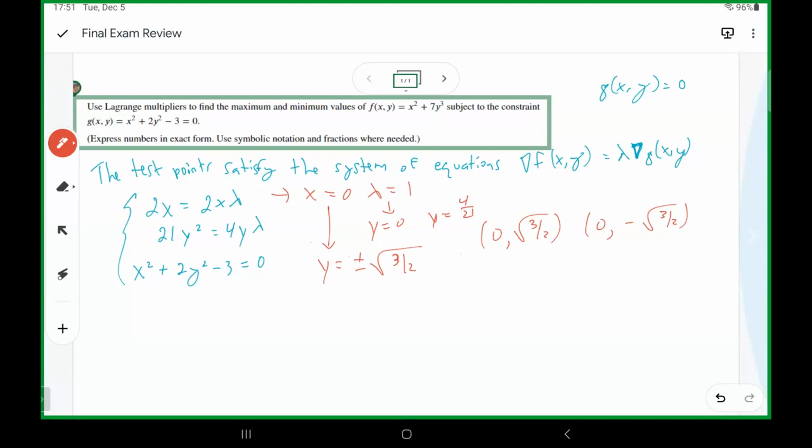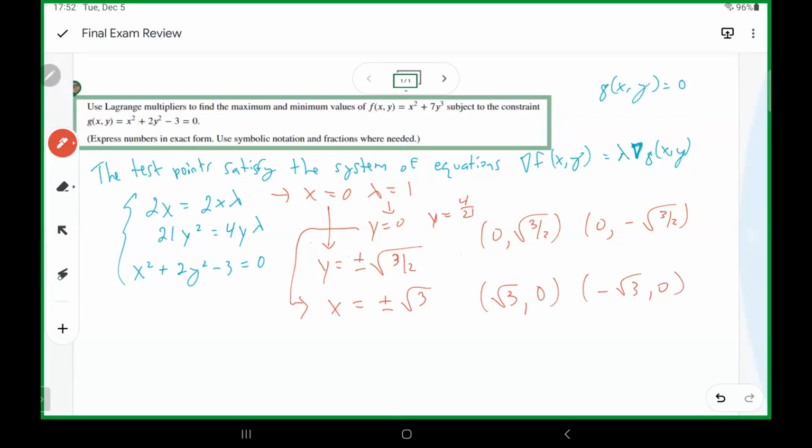So for y equals 0, the third equation gives x equals plus or minus square root of 3, which gives 2 more test points: (square root of 3, 0) and (negative square root of 3, 0).